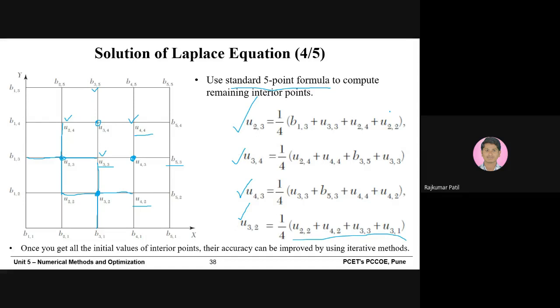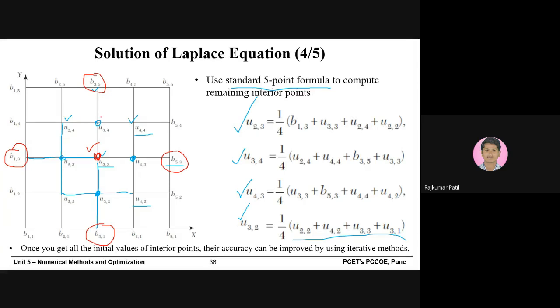Always remember that when you know the values of all the neighbors, then go for the standard 5-point formula. For example, you want to calculate u33, and if you know b13, b35, b53 and b31, then yes, you can use the standard 5-point formula to calculate u33.